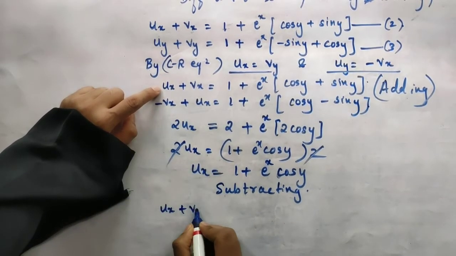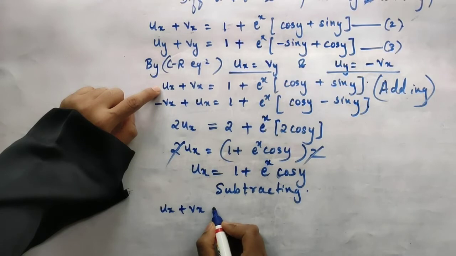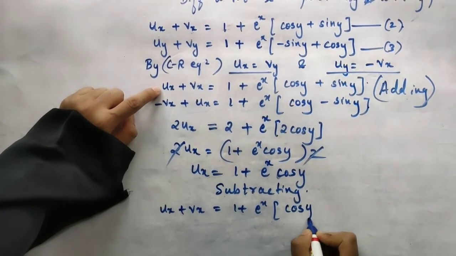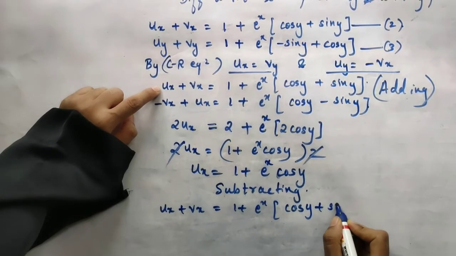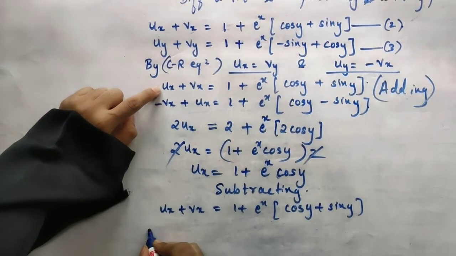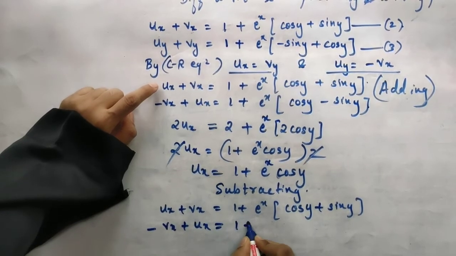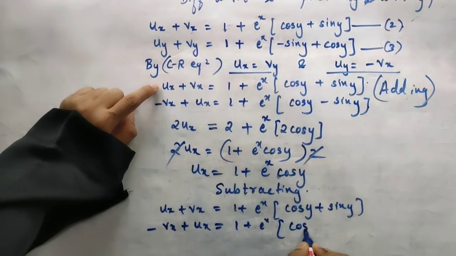I'll change and show you. Okay, so you will have the same equations written. The first equation I'm writing as it is, minus the second equation, minus v suffix x you have, ux you have, e to power x cos y minus sin y you have.